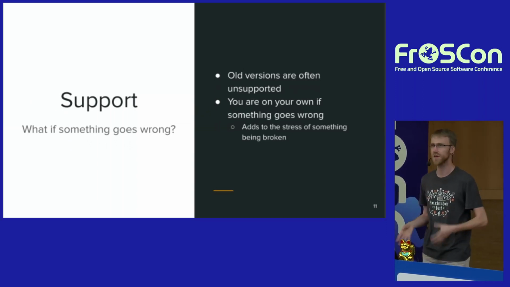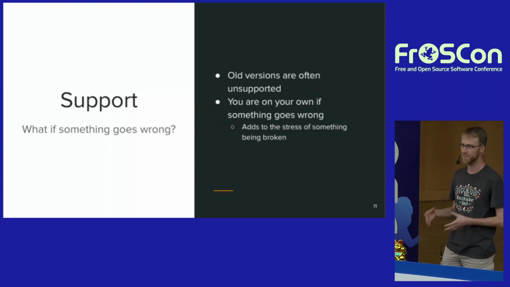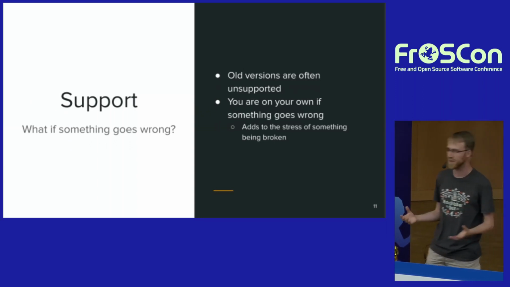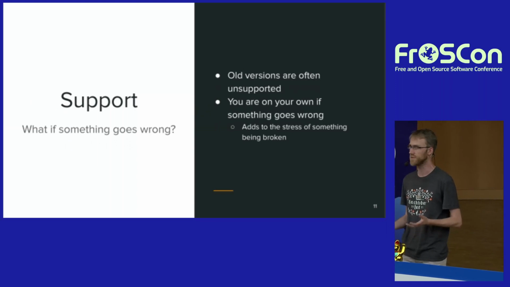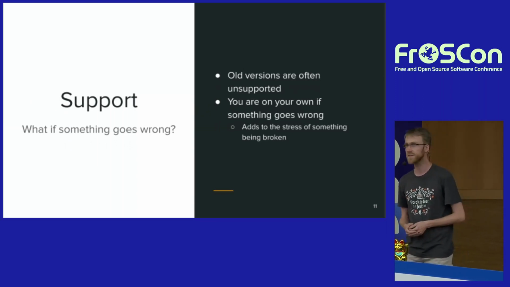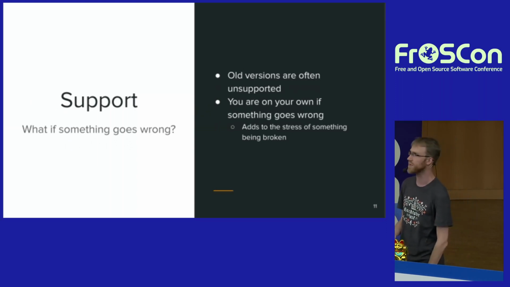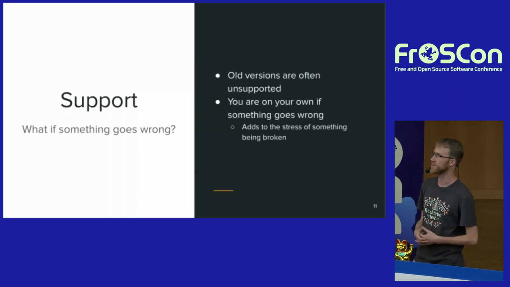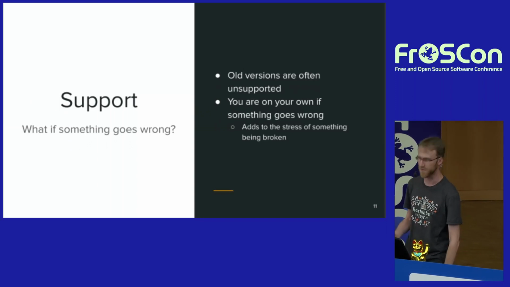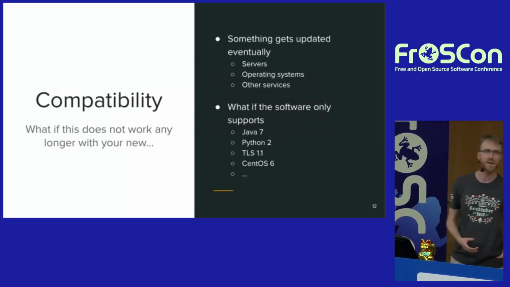Which, to be fair to the upstream project, creates a lot less work for them, and they don't have an infinite amount of time. So it's fair to say that's probably okay from their perspective as well. But it's increasing the risk for you if you run old software and then run into problems. It's not only the local problem you have to deal with, but also that you have to deal with it on your own.